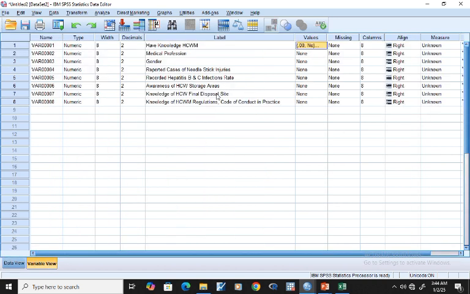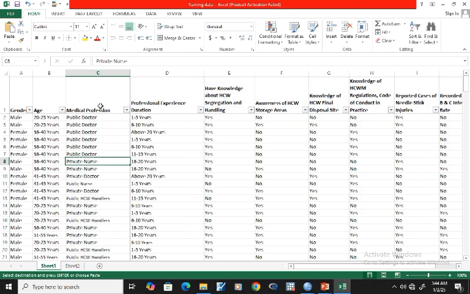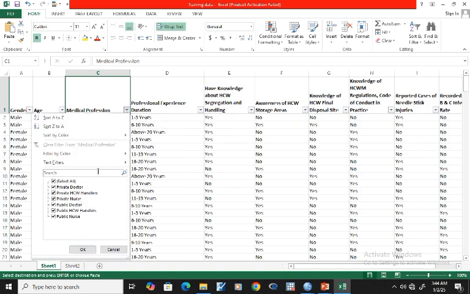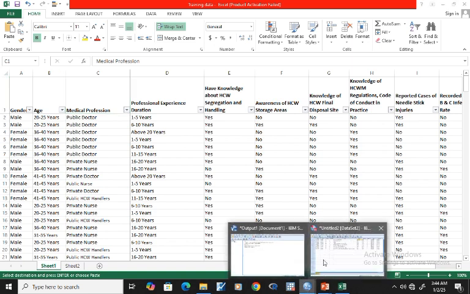The second part is medical professional. As I said, we go back to the main data. These are the ones that stand for private doctor. We have private healthcare waste handlers, and we have private nurse down. So we go back and label it accordingly.